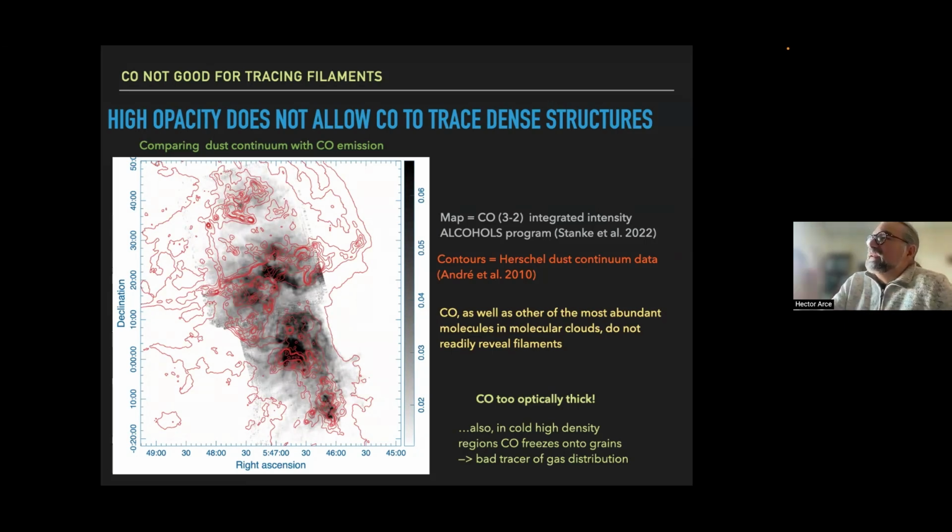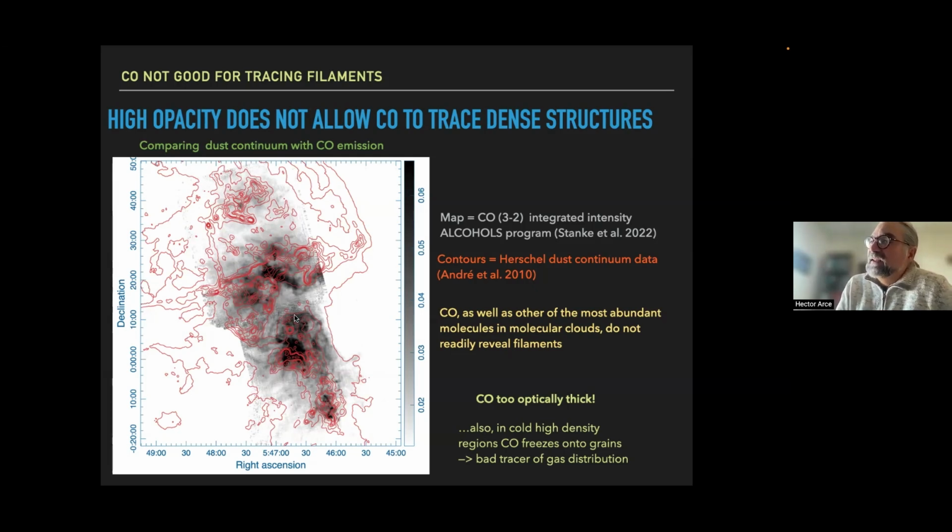And here I show the dust continuum map in grayscale. Is it in grayscale? Yes. And the contours are the dust continuum emission. And again, the dust continuum, as I said before, mostly traces the denser parts of the cloud. And the CO, the carbon monoxide, even though it is the second most abundant molecule in molecular clouds, is why we use it a lot to map the large scale structure of a cloud.